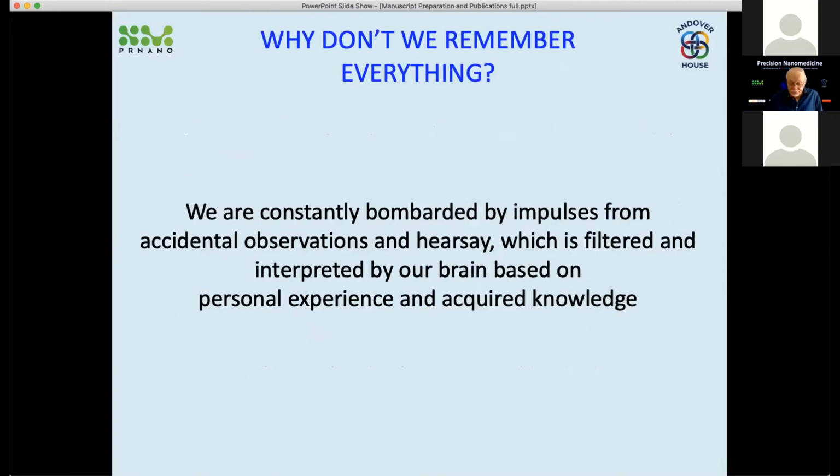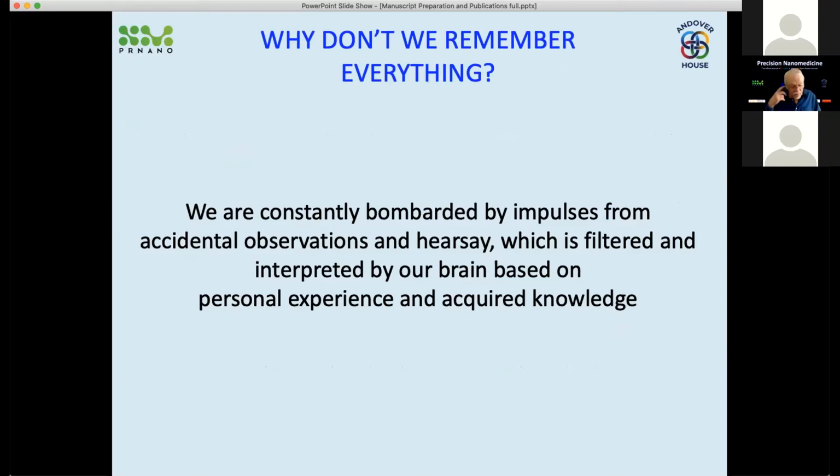So let's organize a little what we already know. Why don't we remember everything? It would be so great, wouldn't it? Some people have better memories. Some people remember details; other people remember relations. But in everyday life, we are constantly bombarded by impulses, light, sound, and so-called accidental observations and hearsay.